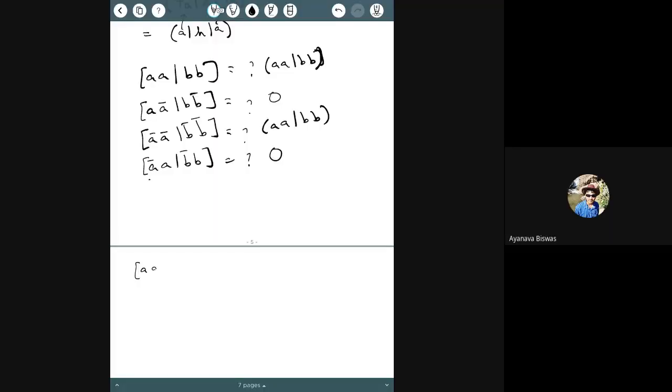So let's do one which is 0, because we didn't see how it turned out to be 0. All you need to do is write out the full thing.